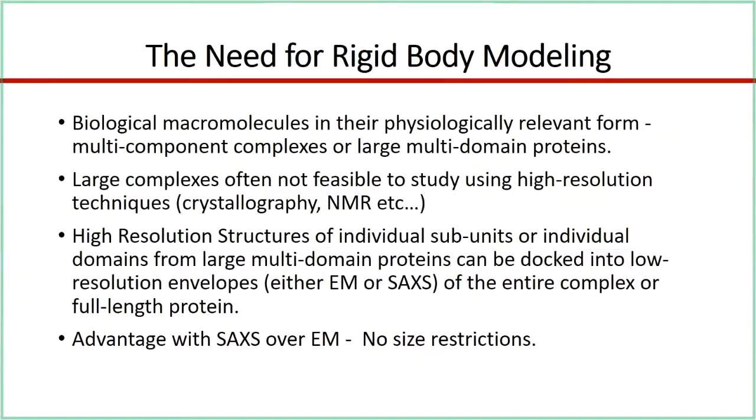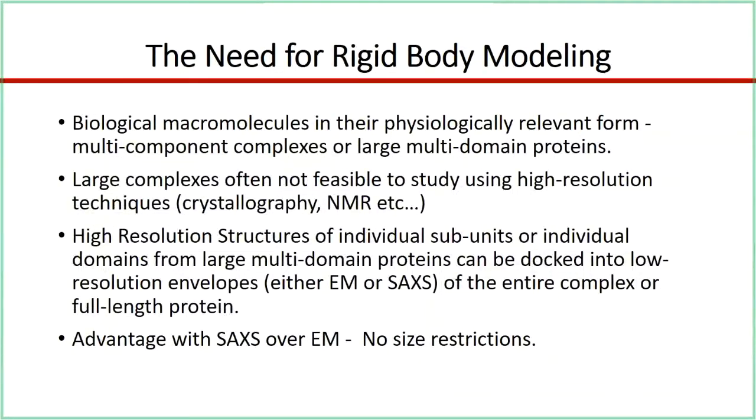SAXS, on the other hand, has no size limitation, as you have found out over the past 2 days. It is also becoming more and more apparent that it's very difficult to call EM a low-res technique, and the logistical ease of SAXS is very difficult to match. EM is logistically pretty complicated, relatively.